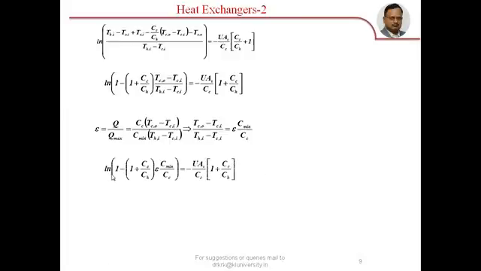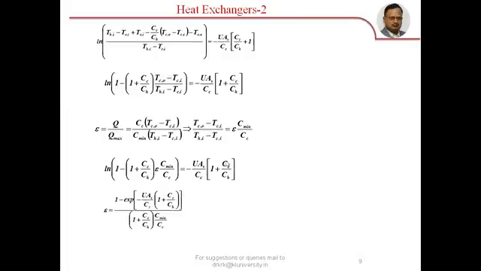So let us substitute that. Logarithm of 1 minus 1 plus CC by CH, and in this place I have taken out common TCO minus TCI by THI minus TCI as effectiveness into C minimum by CC equal to minus UA by CC into 1 plus CC by CH.